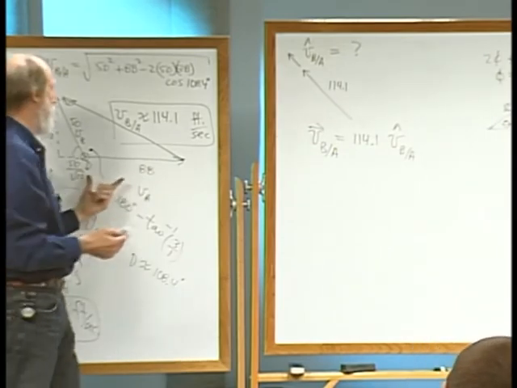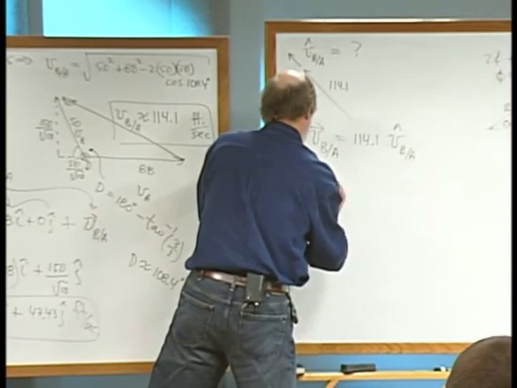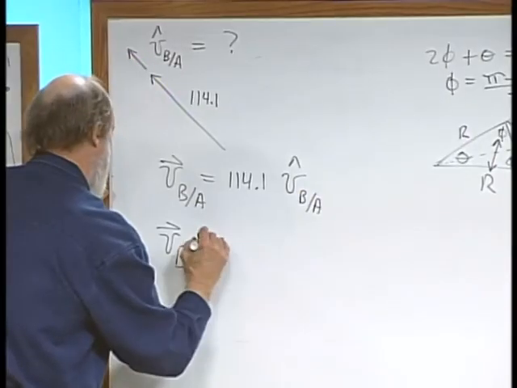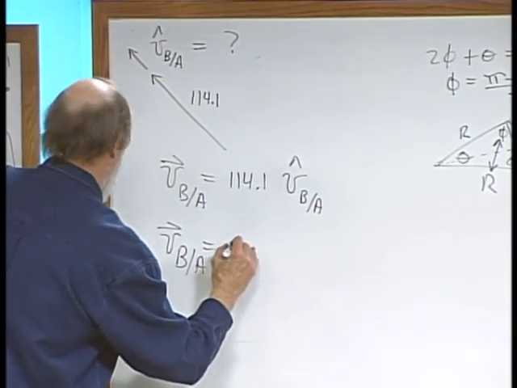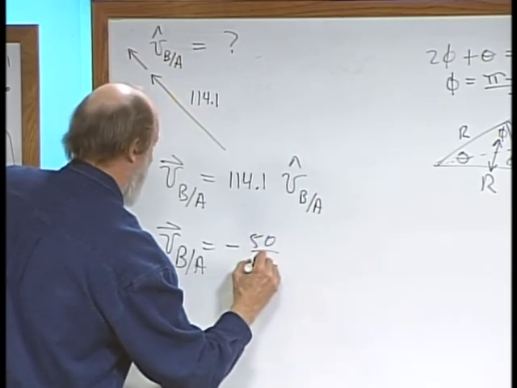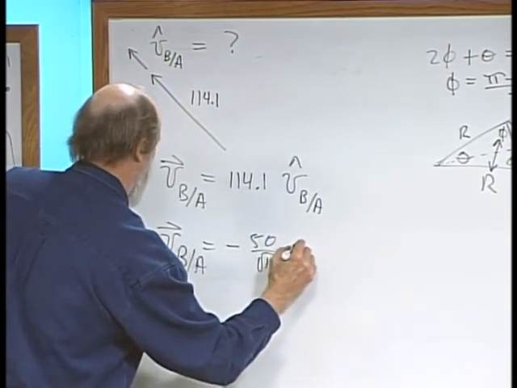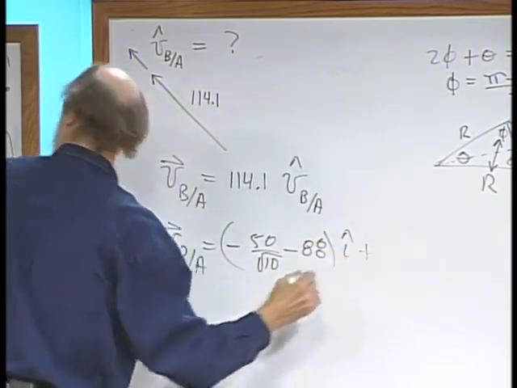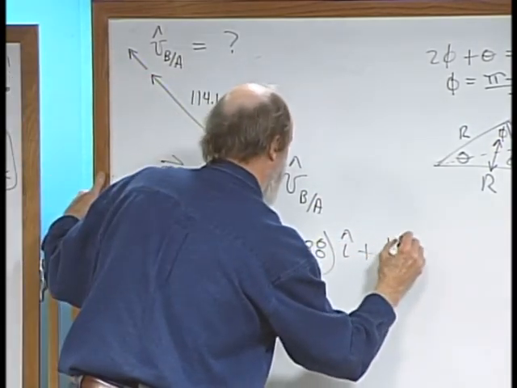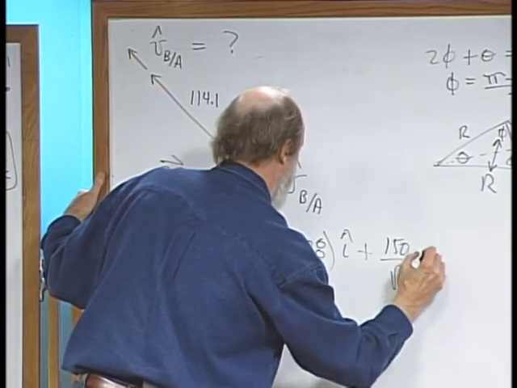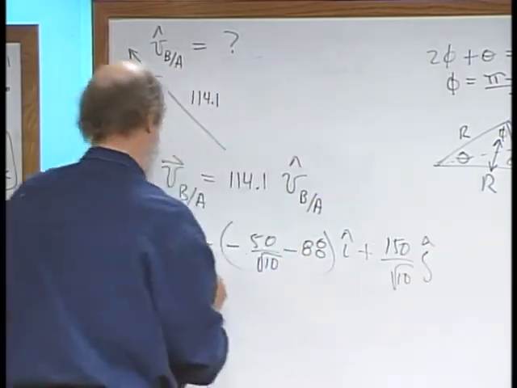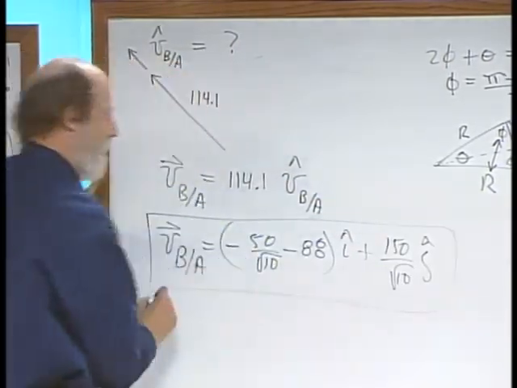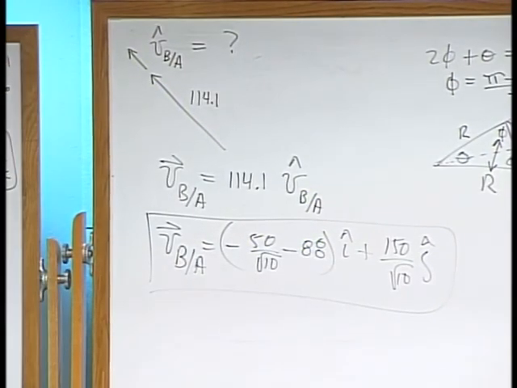So why don't we just go ahead and write it straight away instead as negative 50 over radical 10 minus 88 i plus 150 over radical 10 j. That seems like the easiest way to go at it, doesn't it? Okay.